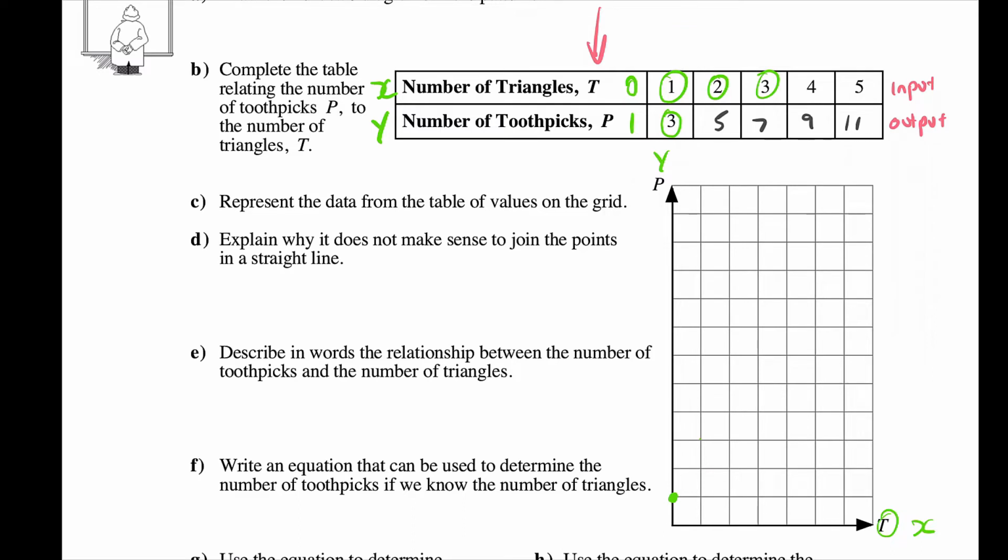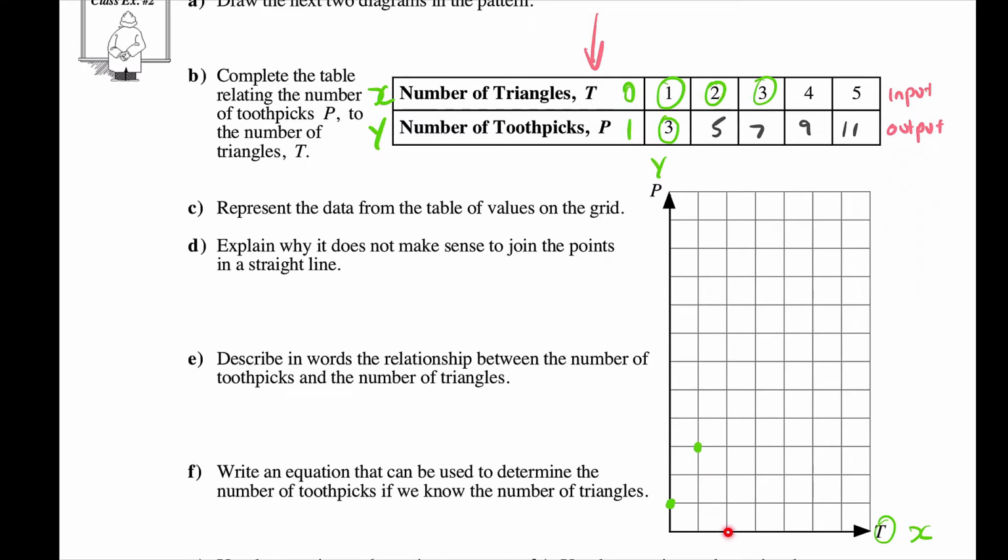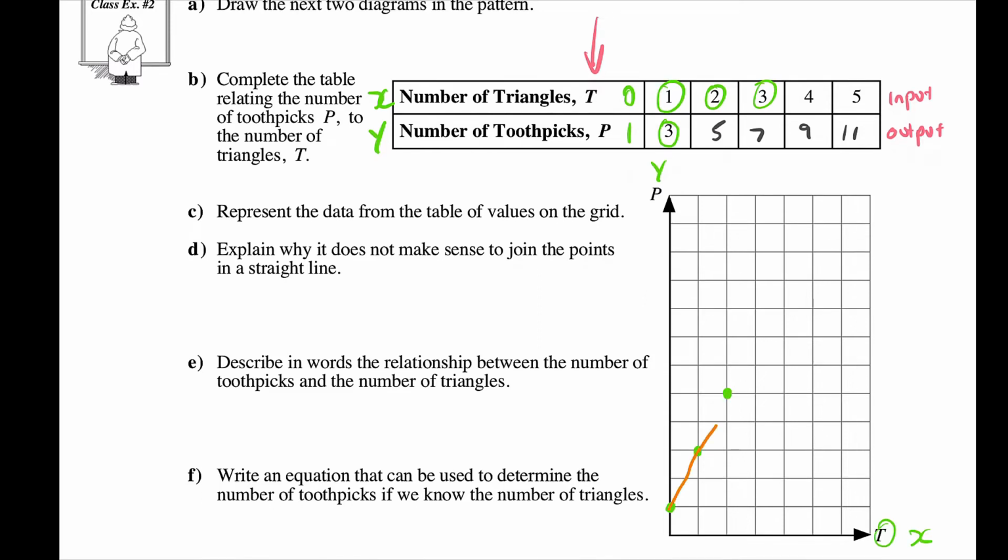So that would be another point right there. And when we get to point 2, as indicated right here, the y should be 5. So up 1, 2, 3, 4, 5 to that point right there. So that's going to be my next point. Now I should be able to take this and draw a line that goes through those points and continues on forever and ever.